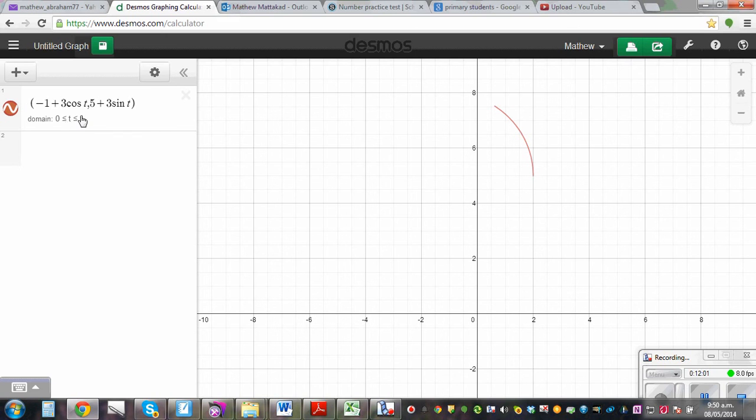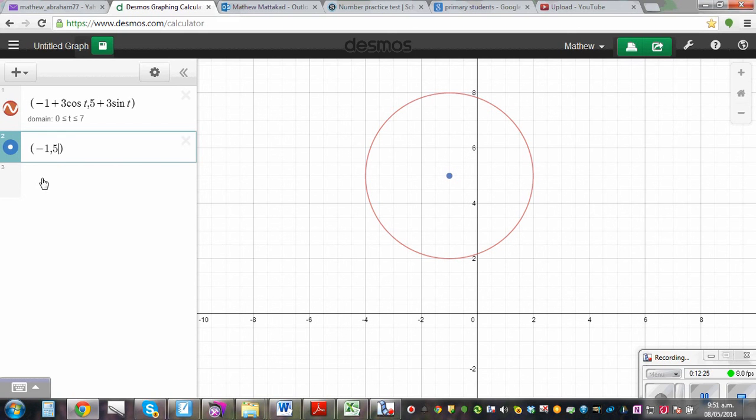So 0 to 2 pi is 6.28, so if you go up to 7, it will draw the whole circle. Okay, so this is the circle. The radius is 3, and the center is -1, 5.